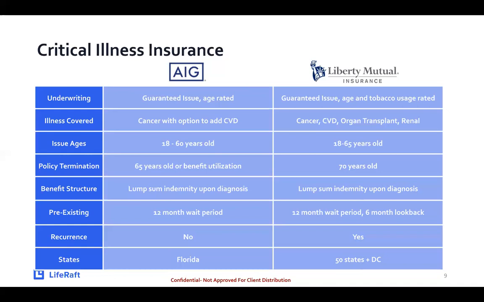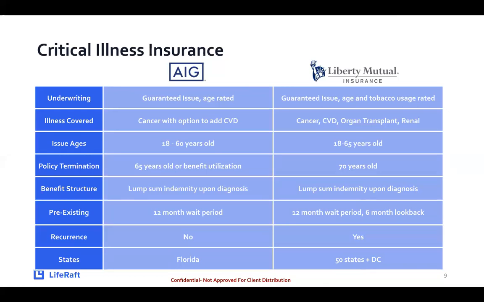I think the other thing I want to draw attention to here is the pre-existing conditions, right? So a very big question, rightfully, from clients is, what does the pre-existing conditions clause look like? I had been diagnosed with cancer in the past. Can I still buy it? I'm worried about it coming back. Most products are going to have a wait period, right? We have I think a pretty market wait period, which is 12 months, but they're often going to have a look back period, right?